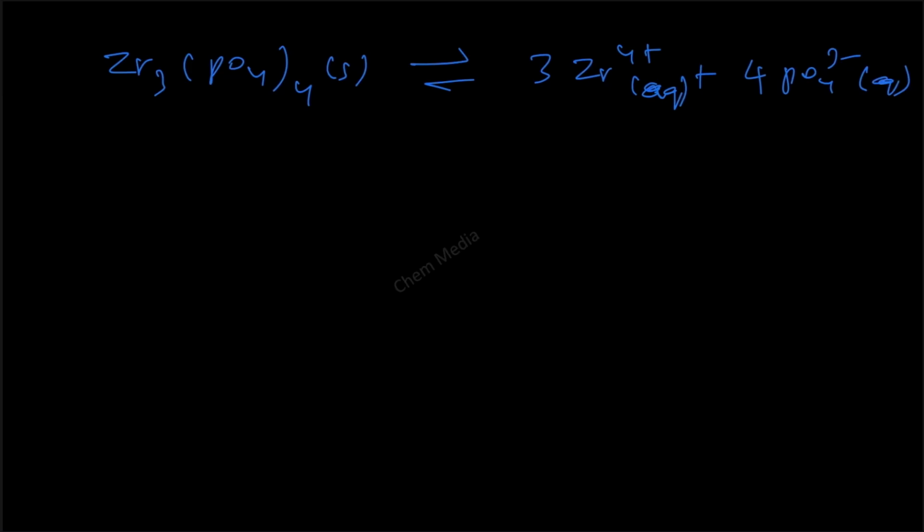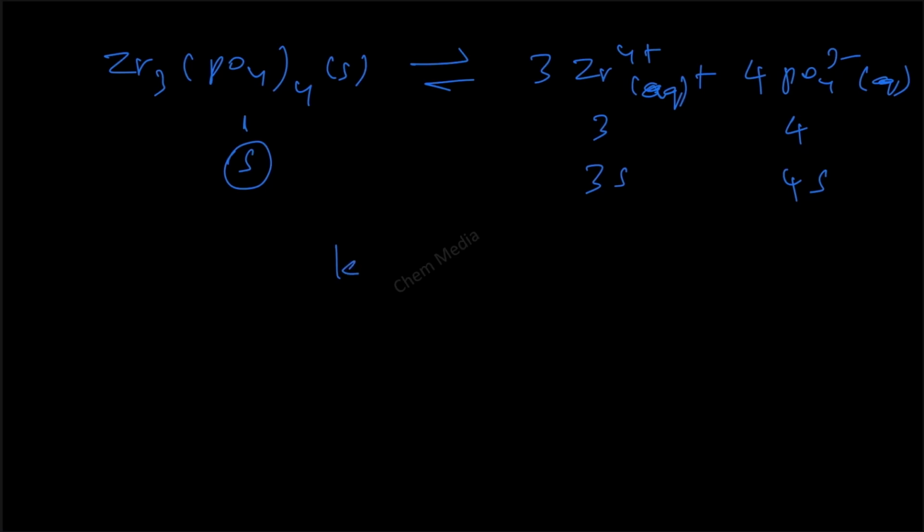So, therefore, if we have 1 mole of zirconium phosphate, we would get 3 moles of zirconium 4 plus and 4 moles of phosphate ion. So, therefore, if the molar solubility of zirconium phosphate is S, then the molar solubility of zirconium 4 plus is 3S and the molar solubility of phosphate ion is 4S.